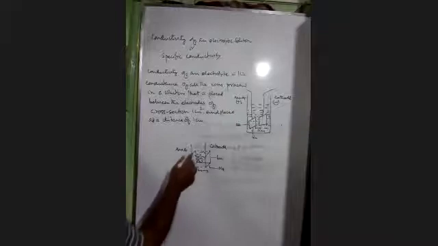Now, what is the volume of solution present here? That you know very well. Volume is equal to cross section into distance. Cross section is 1 centimeter square, and the distance is 1 centimeter.